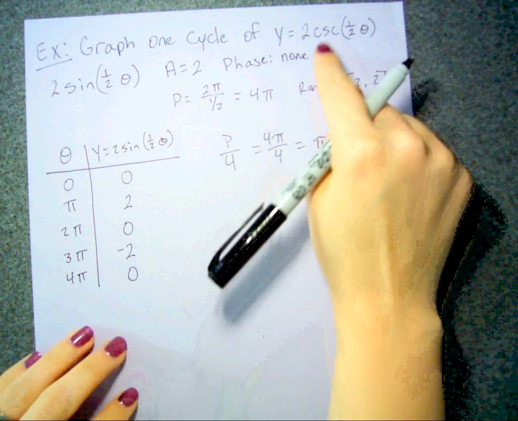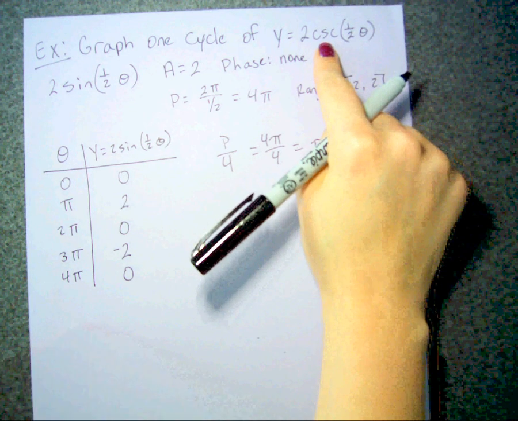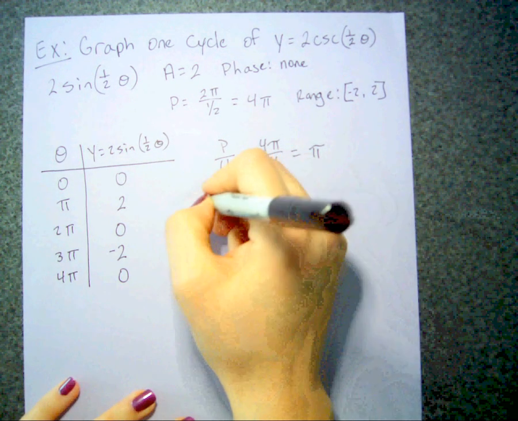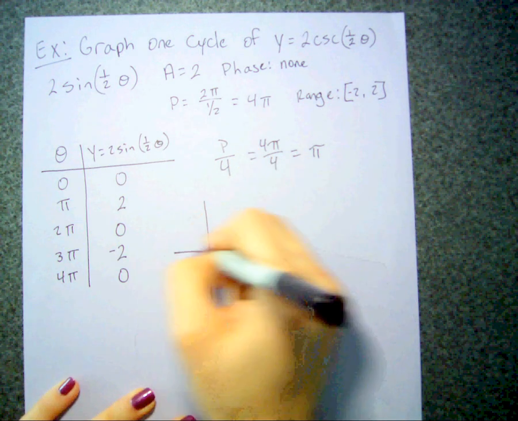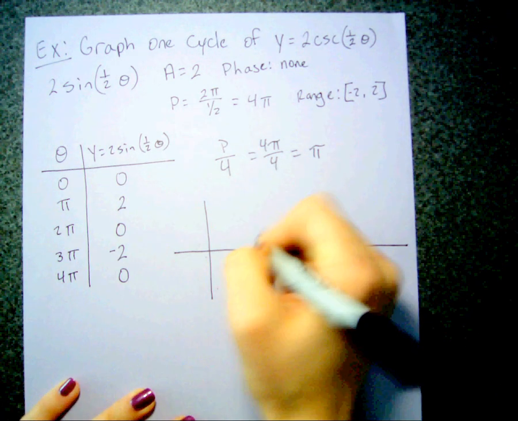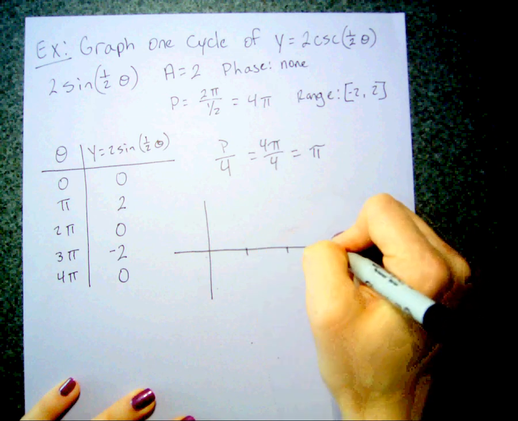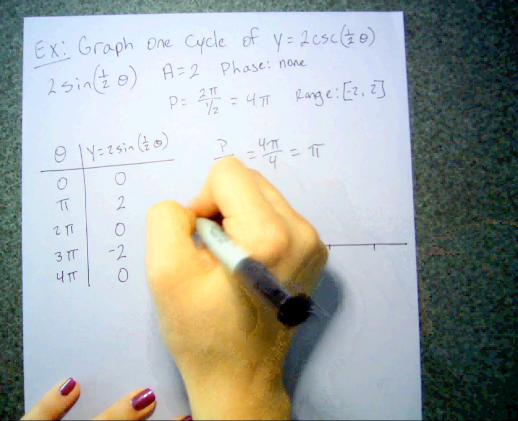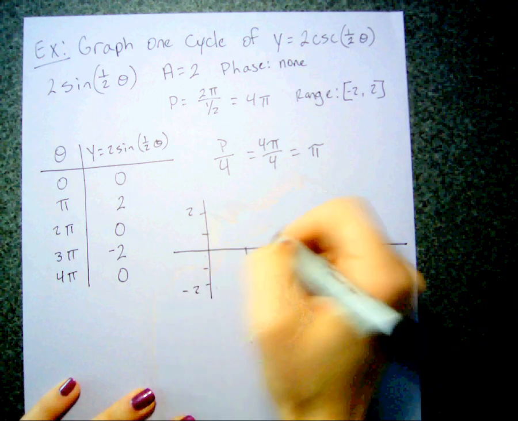I actually want to graph cosecant, so I'm just going to plot my points to begin with, right? Just going to plot my points to begin with. So pi, 2 pi, 3 pi, 4 pi, and I'm going up to +2 and down to -2.